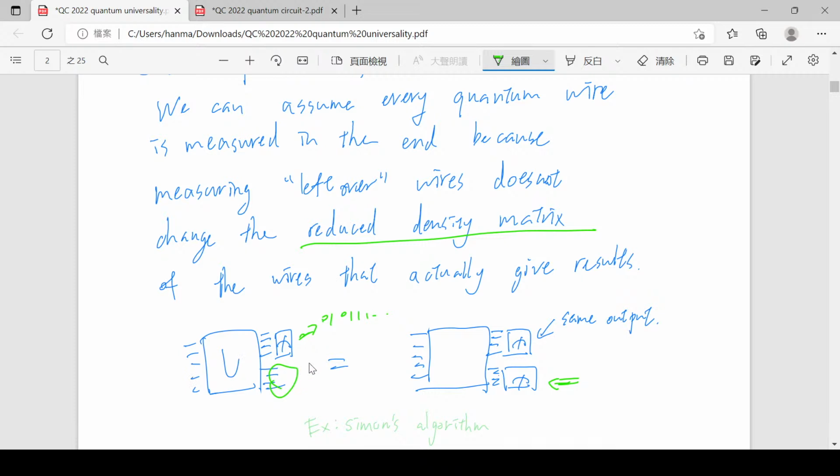So you will feel that measuring those very far away qubits should not affect the upper qubits. You can also do this mathematically and prove it: you think about the reduced density matrix up here, and find out that doing a measurement on the other part does not affect the reduced density matrix up here. Okay.